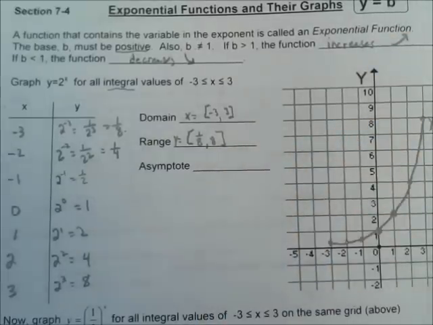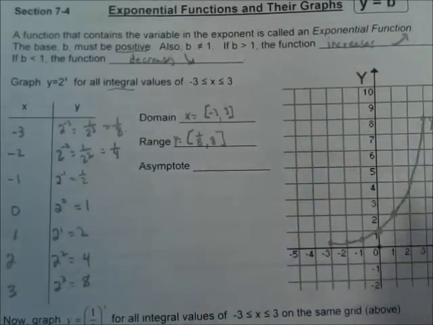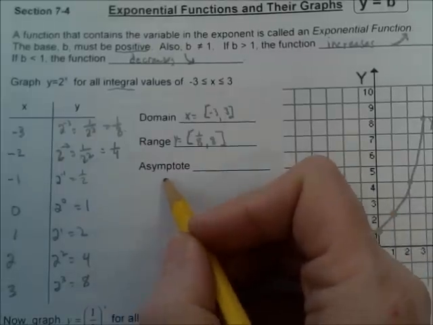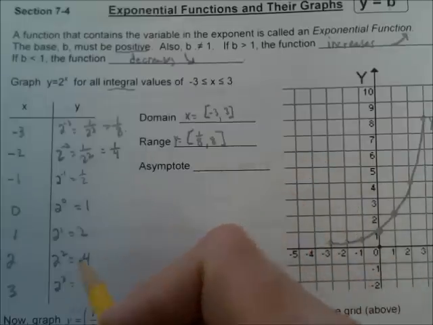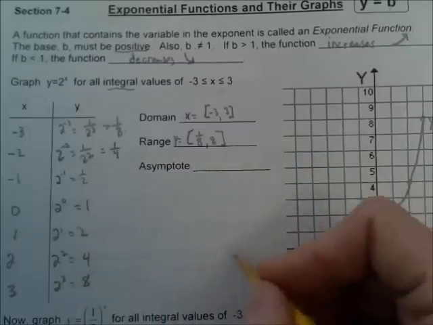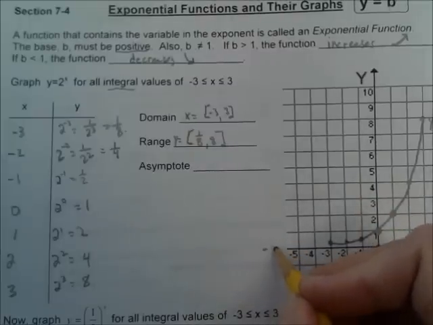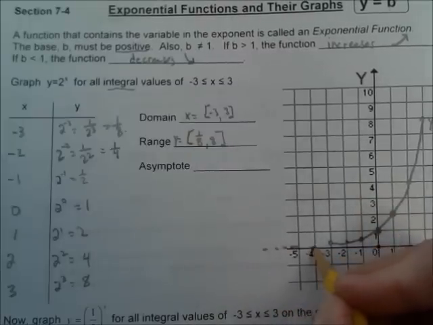Now there's something called an asymptote. I think we talked about an asymptote once before with a graph that we did earlier. But an asymptote is a line that a graph will get closer and closer and closer to as x gets really small or really big. So there's an asymptote here, which we always draw as a dotted line.